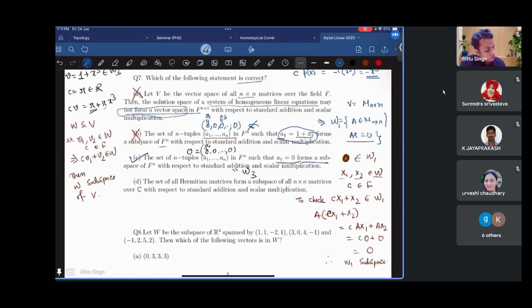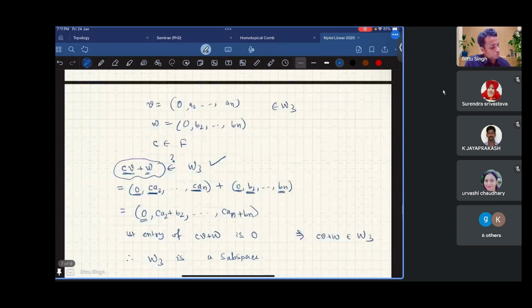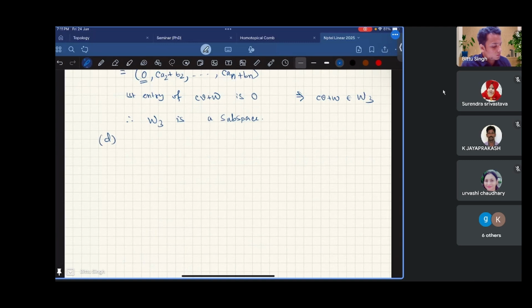Here we are considering the set of all Hermitian n by n matrices over C with respect to standard addition and scalar multiplication. So for option D, let us denote it by W4.